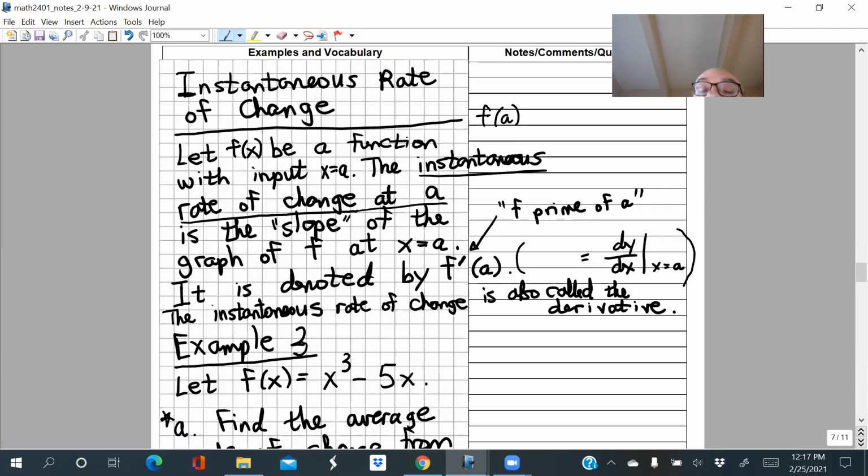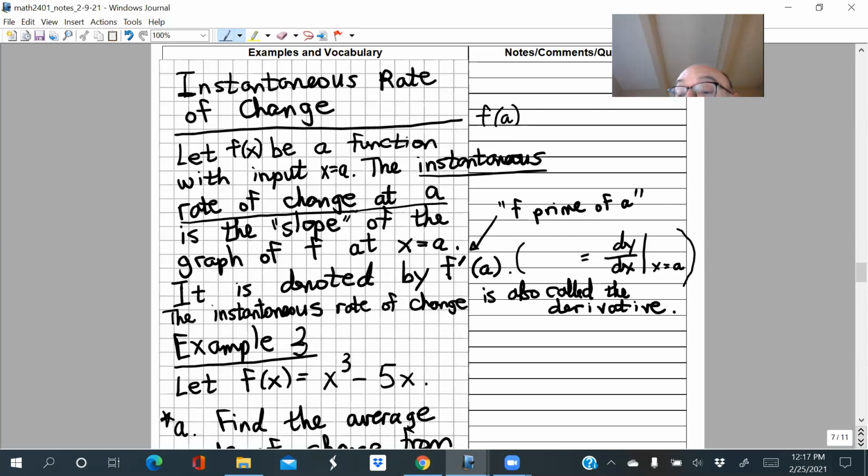So you see the difference now between these two pieces of notation. The only physical difference is we included this prime mark above the name of the function. But the meaning is much different. This means the output of the function at the input a. You know how to calculate that: you would use your function formula, or you would use your graph.